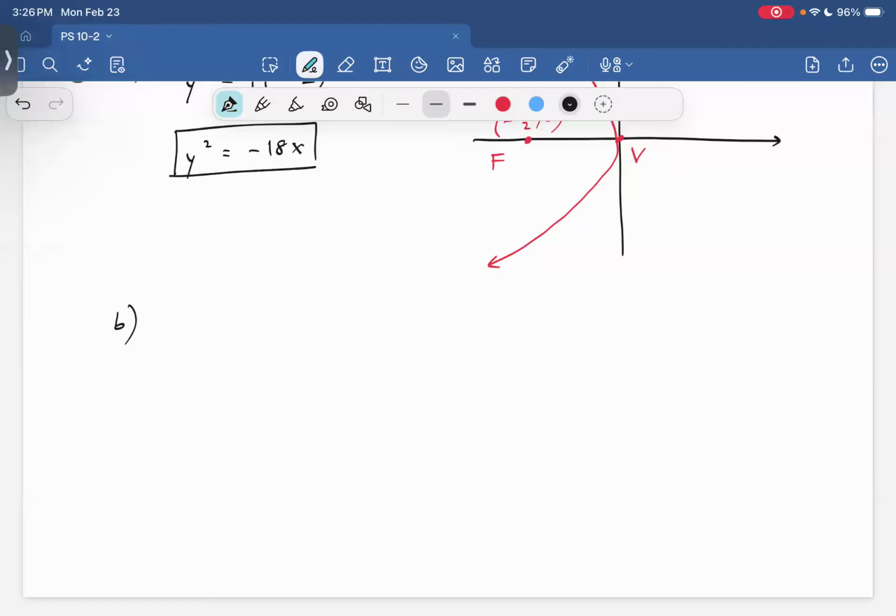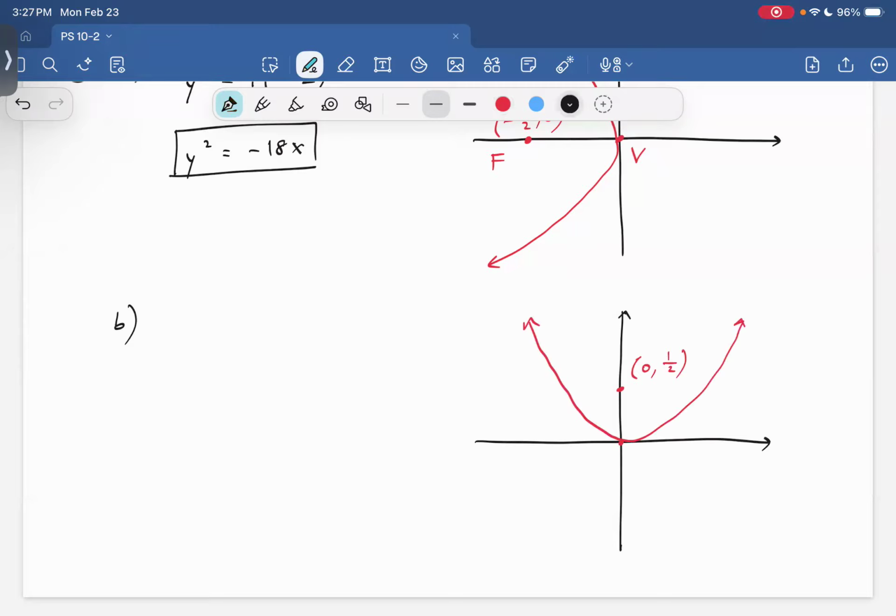For part B, the focus is at 0, 1/2. So the vertex is at the origin. The focus is here, 0, 1/2. So that tells us that the parabola faces upwards. So we'll have x² equals 4 times 1/2, which is 2y.